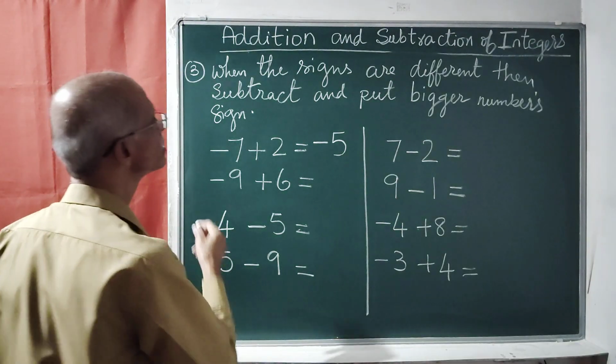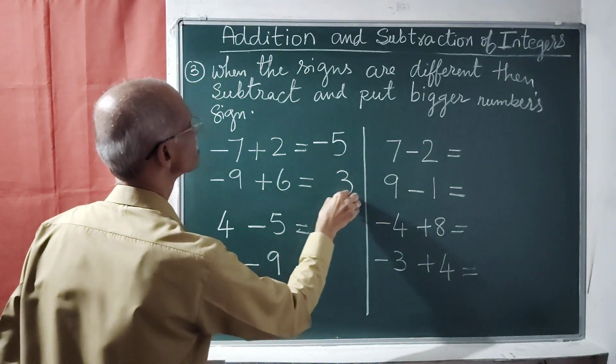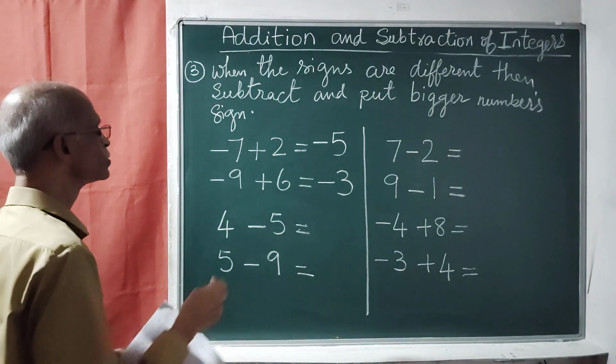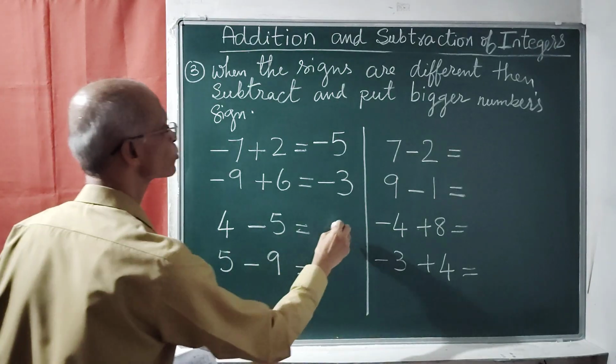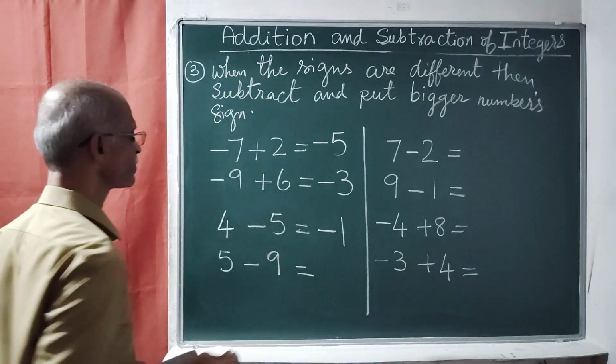So here, if you subtract, I'll get 3. So minus 3, because of the bigger number's sign. Here also, if I subtract, I'll get 1. So I put minus because the bigger number's sign is minus.